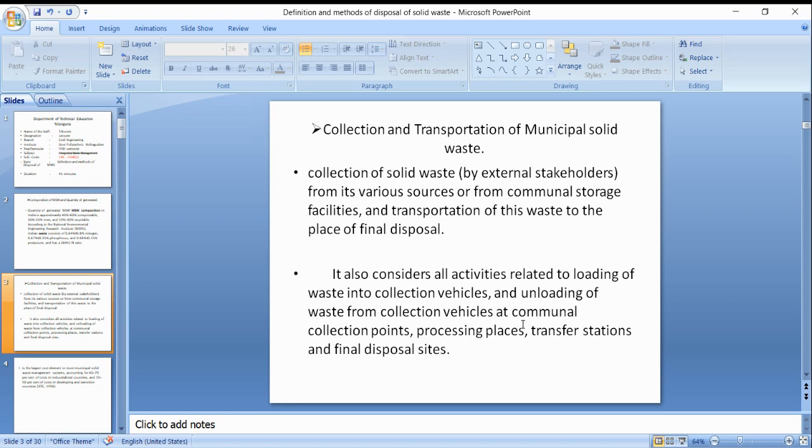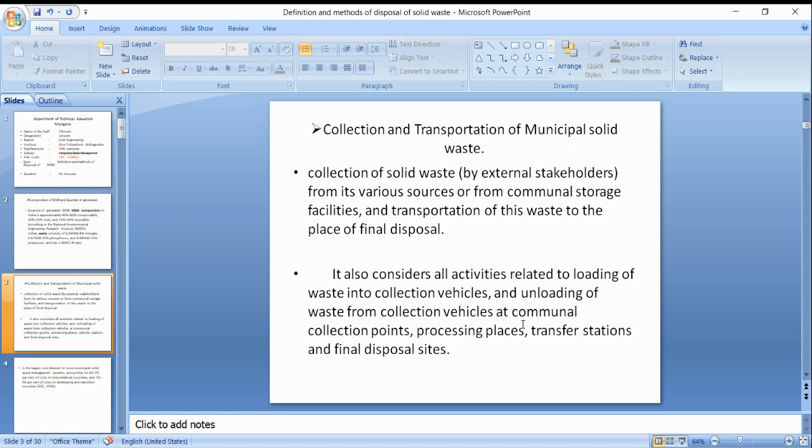All the waste collected into vehicles should be disposed at a communal collection point, one place where all the waste is stored.